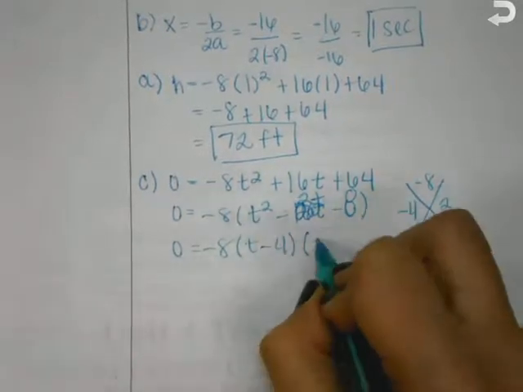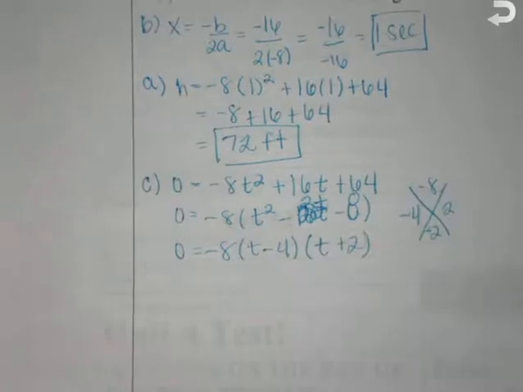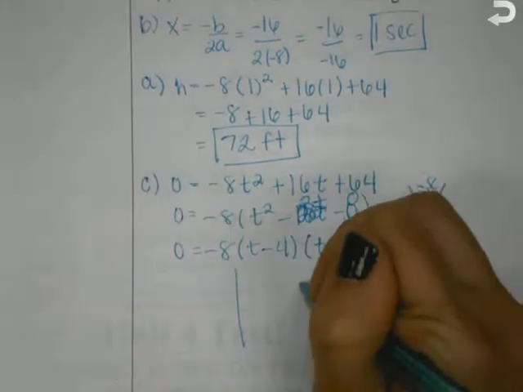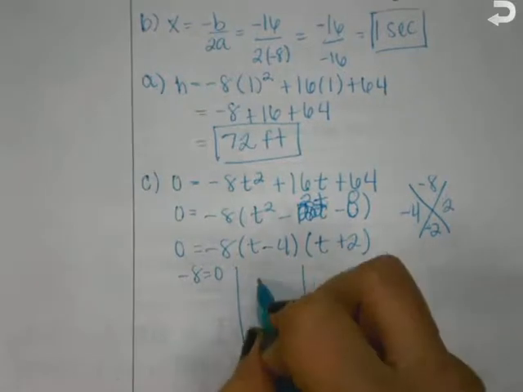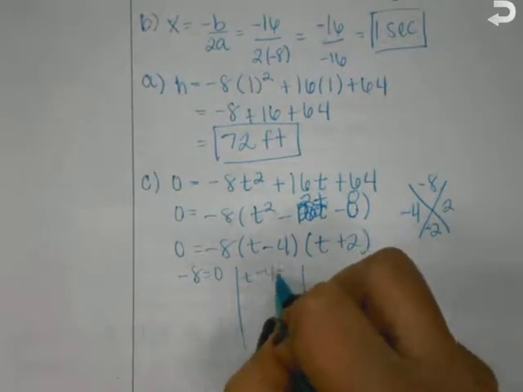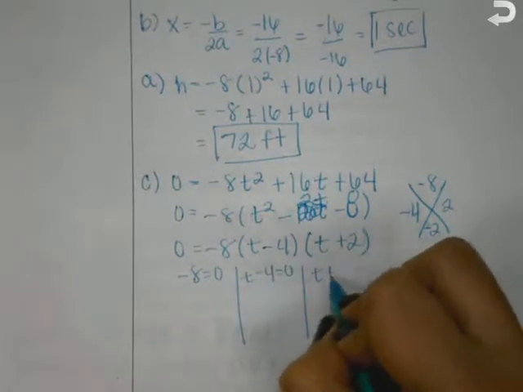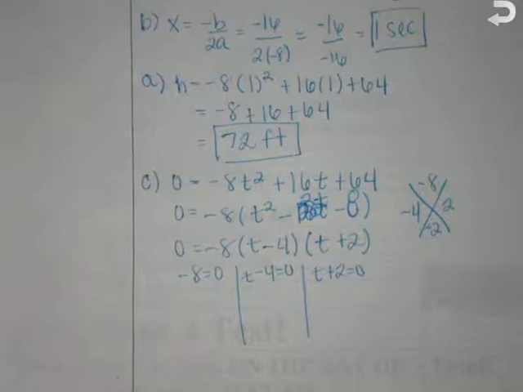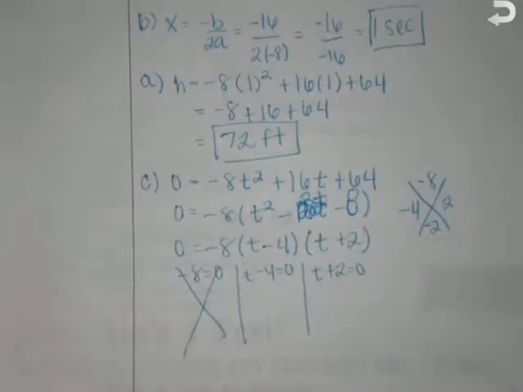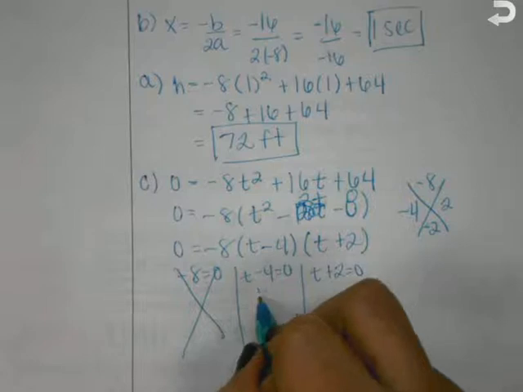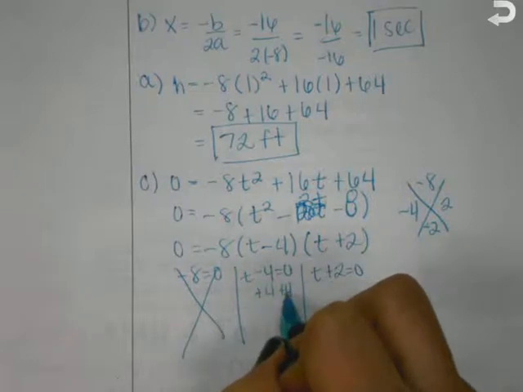So negative 8 equals 0, t minus 4 equals 0, and t plus 2 equals 0. Negative 8 equals 0 doesn't make sense, so we can throw that out. Let's add 4 to both sides, so that gives me t equals 4. And then subtract 2 from both sides, and we get t equals negative 2.